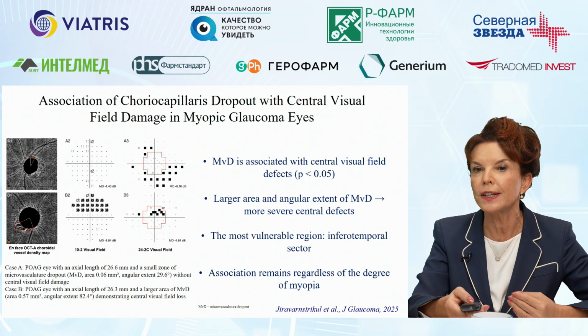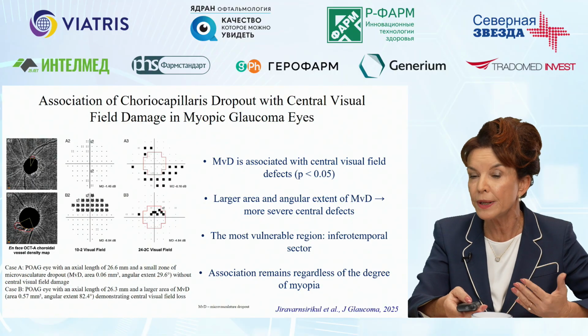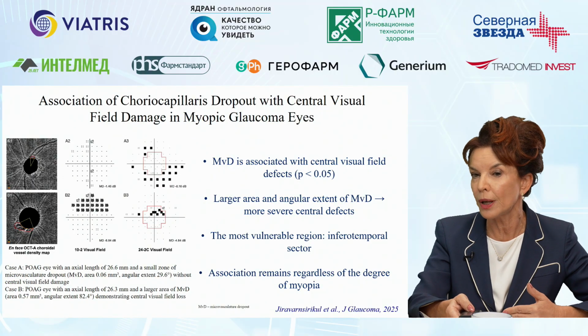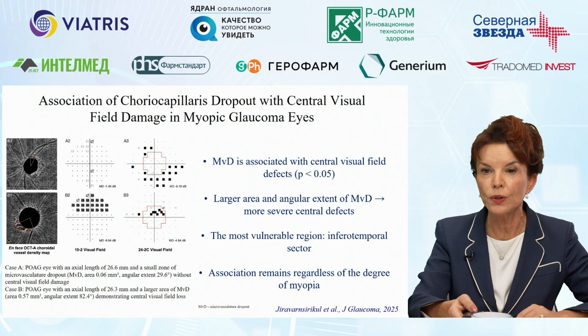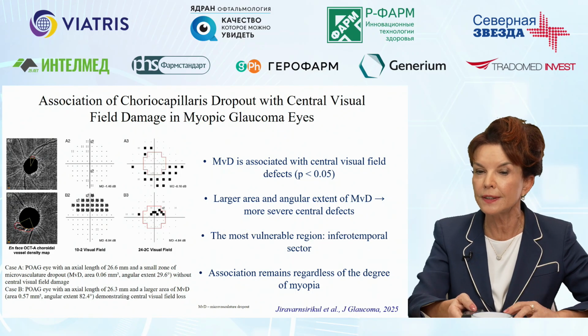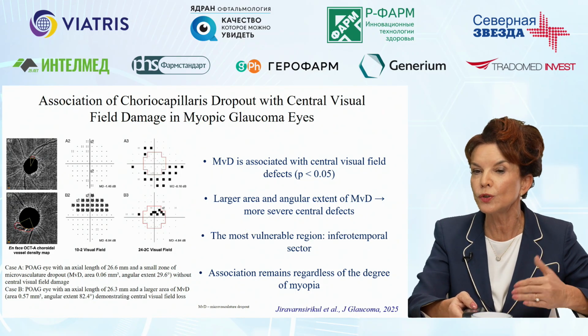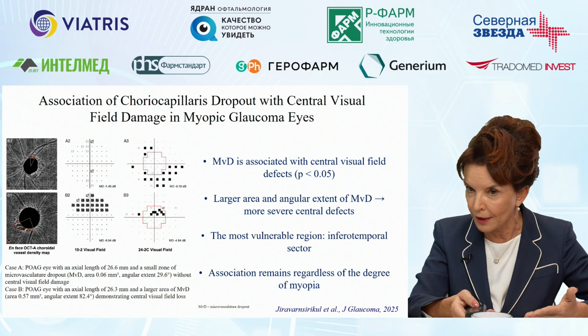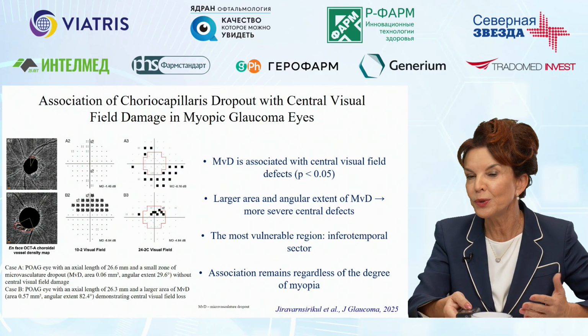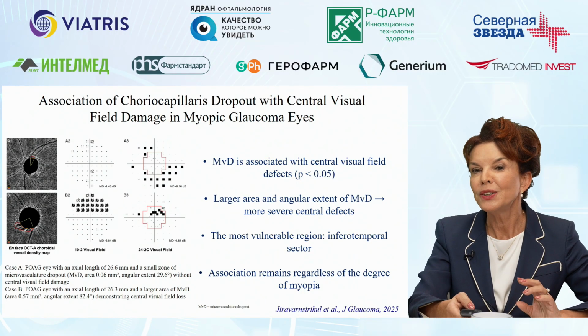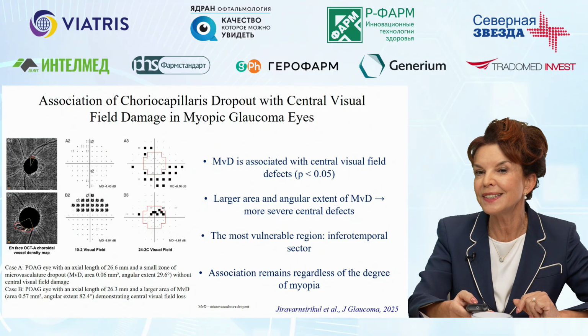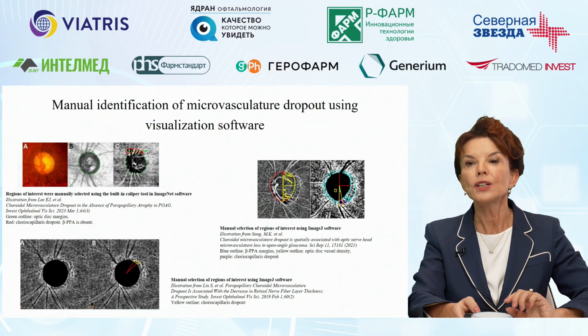For example, here is an article published this month in the Glaucoma Journal, which is devoted to this problem: association of choriocapillaris dropout with central visual field damage in myopic glaucoma eyes. This is the continuation of the presentation that was made before.